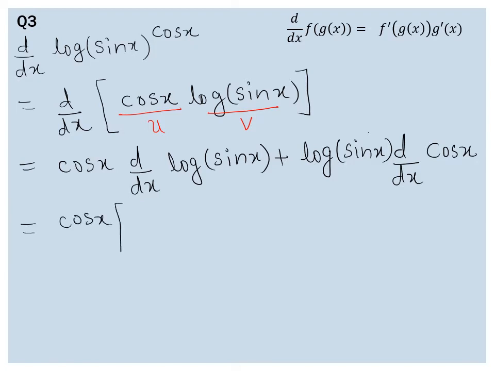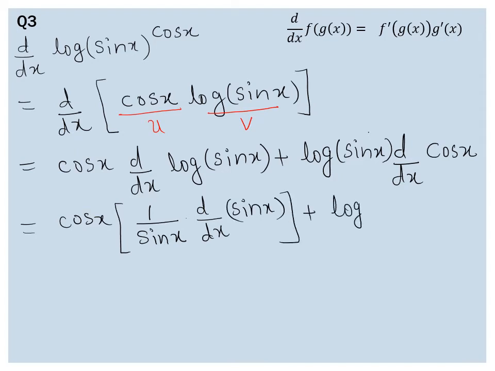Now when we take derivative of log, it is 1 upon. So 1 upon sine, because in log of sine there is 1 by sine, into applying chain rule, derivative of sine x, plus this log sine x as it is over here in the second term, into derivative of cos x which is minus sine x.